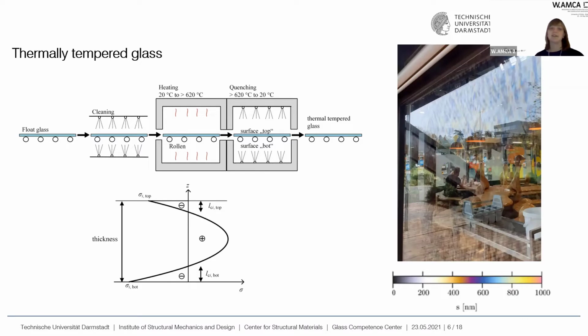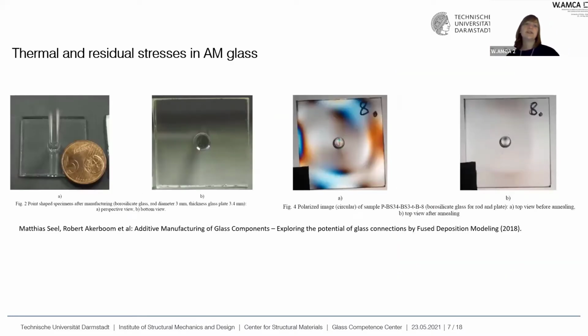I did lots of research on how these compression stresses on the surface can differ, and which compression zone depths, and how do they differ. And then I saw these pictures from additive manufacturing.